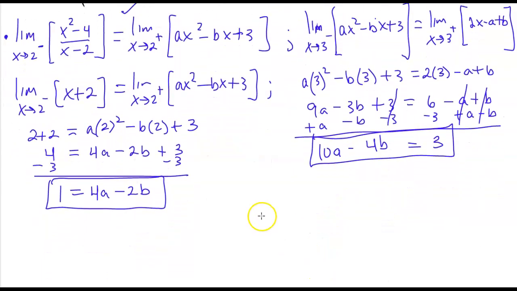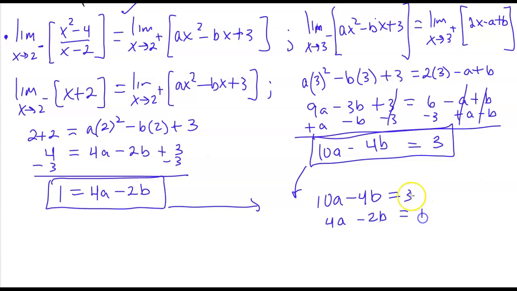And so now that we have two equations, two unknowns, we could use a system of linear equations to solve this particular problem. And you could use several different methods if you want. I'm going to choose to use the elimination or addition method just because I think it'll be the easiest here for me to do. So here I have 10a minus 4b equals 3, and this will be 4a minus 2b equals 1. And what I'm going to do here is multiply the bottom equation by -2.